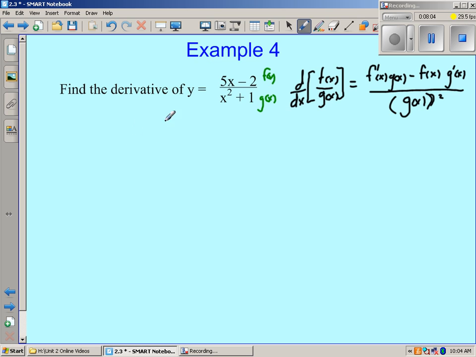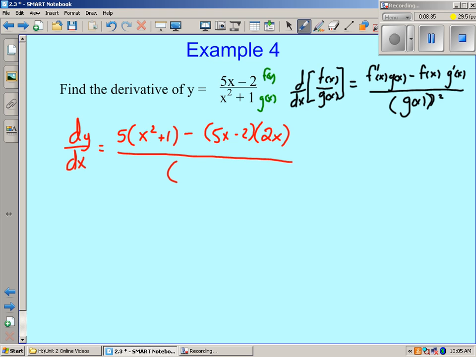So if I'm going to take the derivative of this function, dy over dx will give me, well, f prime of x turns into 5, and so I rewrite g of x, which is x squared plus 1, and then I subtract away f of x this time, which is 5x minus 2, and then multiply by the derivative of g of x, which gives me 2x, and then all of this gets divided by x squared plus 1, the whole thing squared.